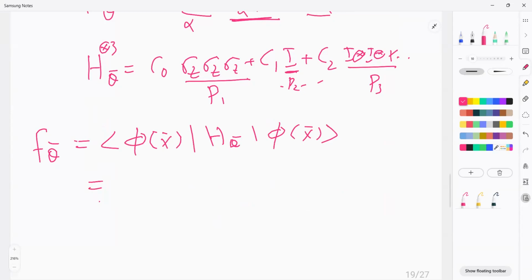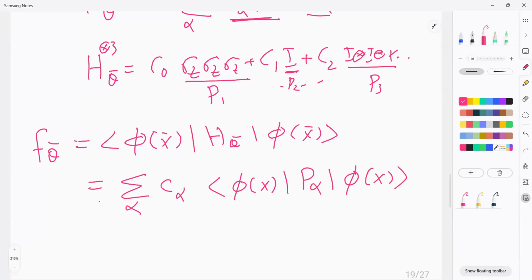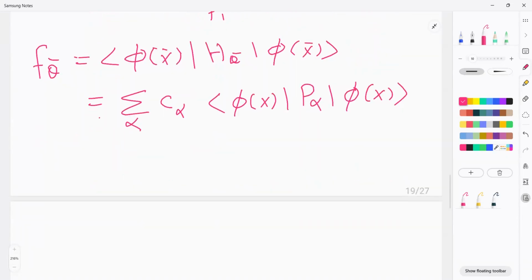If now I substitute that view, it becomes C alpha phi x, P alpha phi x. Okay, and now let's look into what this is.